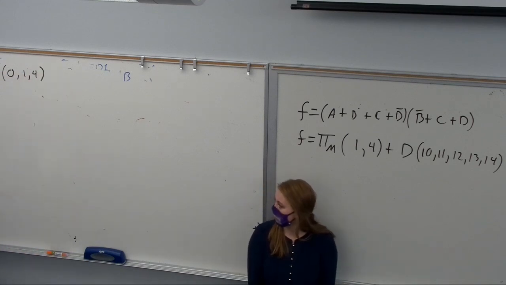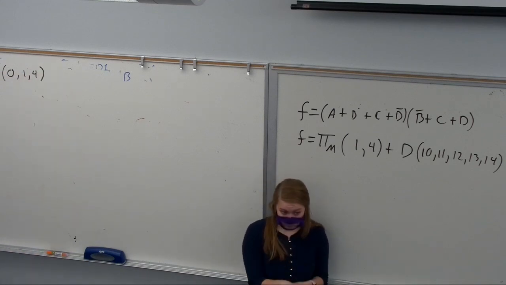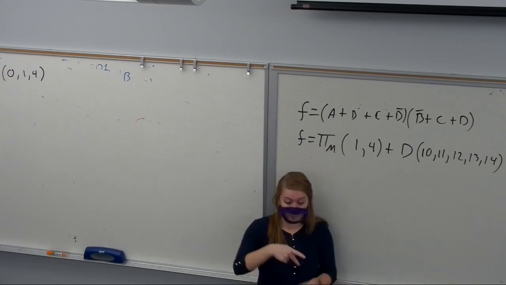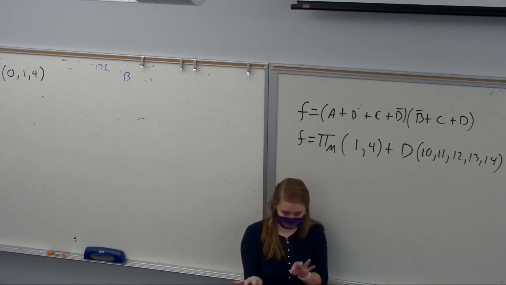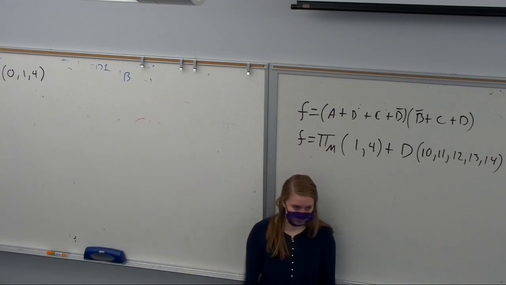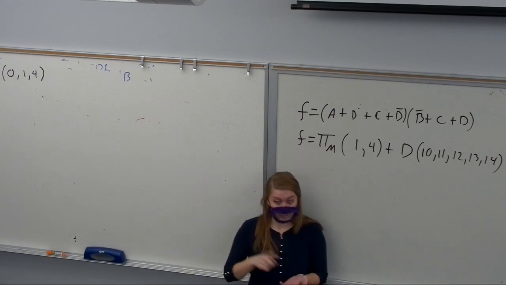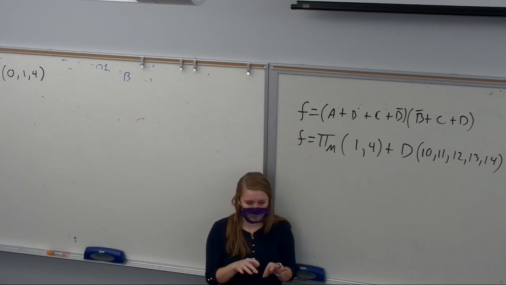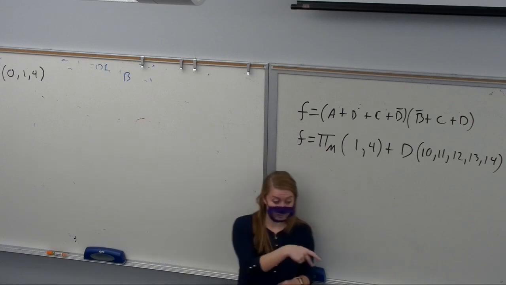And then I want you to find for me the minimum, simplest possible product of sums expression of that. So you'll notice that I've given it to you in the form of min terms, and product of sums means I want the max terms.